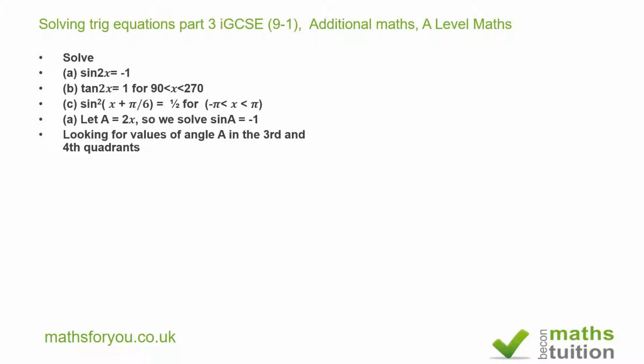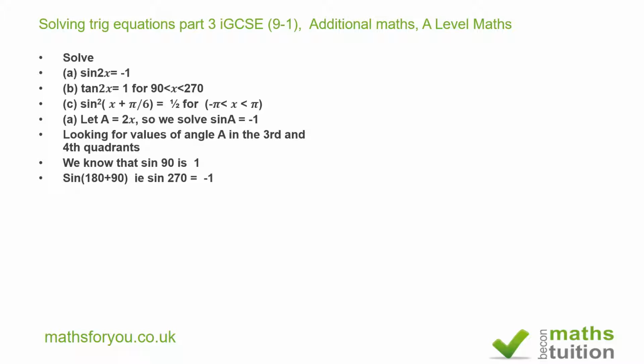As you know, sine 90 is between the first and second quadrants, and that gives you a value of 1. You will expect, therefore, that the sine with a value of minus 1 will be between the third and the fourth quadrants. So the answer we have is 270 degrees.